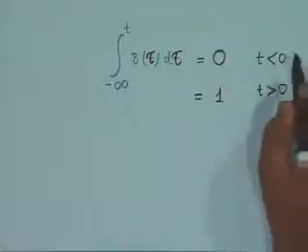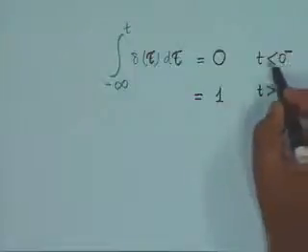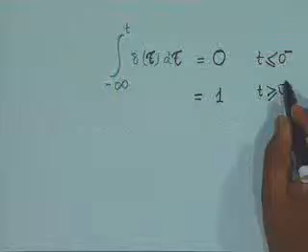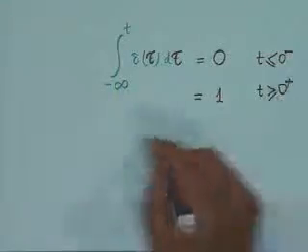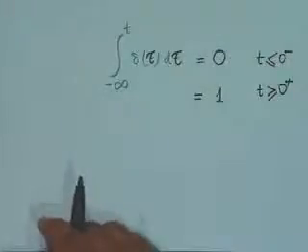So we say if t is less than or equal to 0 minus, that is, it has come very close to 0, but it has not quite reached 0. On the other hand, if t is greater than or equal to 0 plus, that is, it has reached 0 and exceeds 0, then the value is unity.